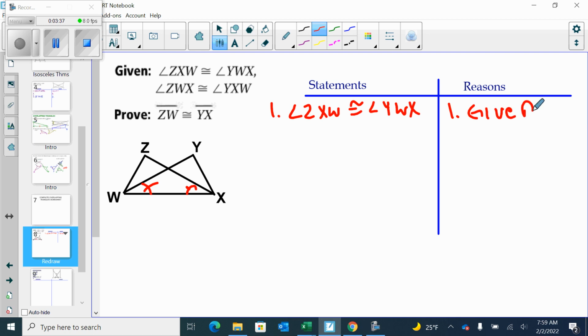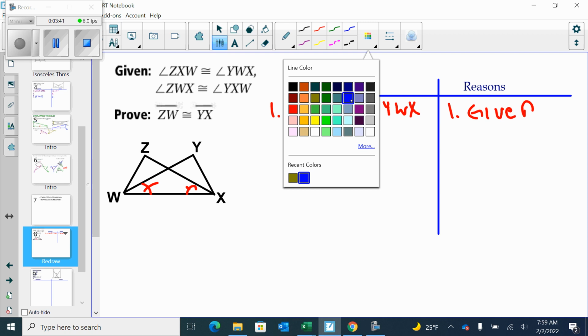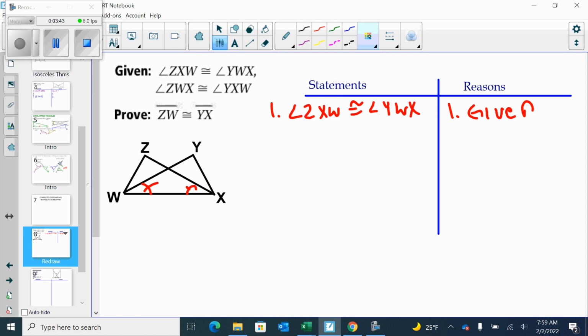Given. So we have one angle. And then it's telling us ZWX. Oh wait, it's that whole one right there. And YXW. Well, that's that whole one.